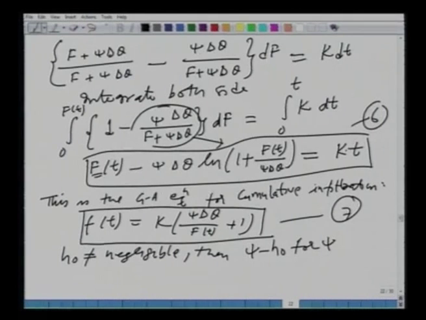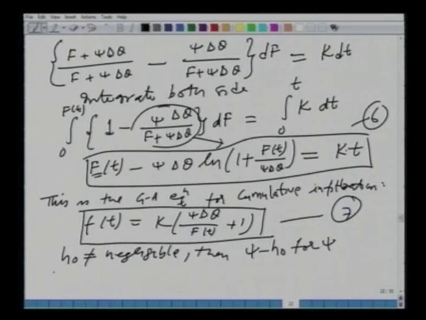Now, this equation number 6 which we have just derived, there is capital F, it appears on both the sides and it is non-linear in nature. So, it is a non-linear implicit equation which is not easy to solve. So, equation 6 is non-linear and implicit, so some iterative procedure has to be used to solve it.